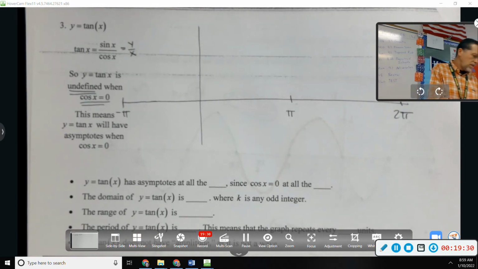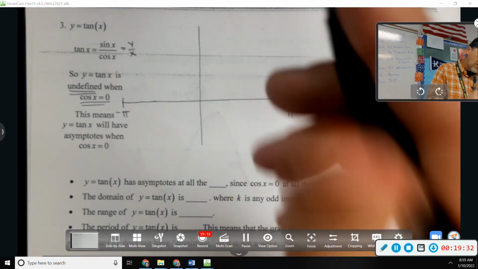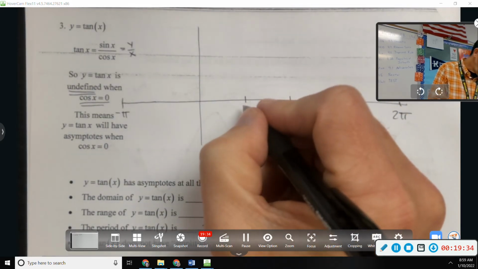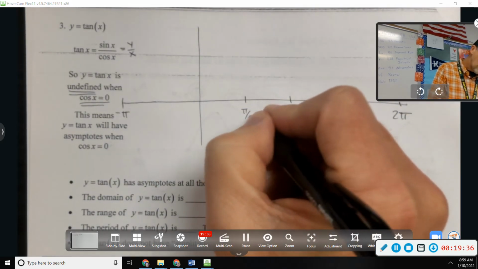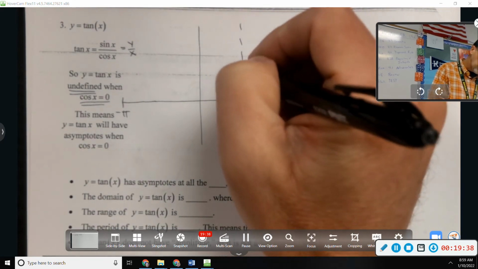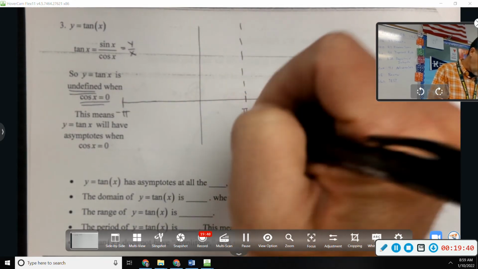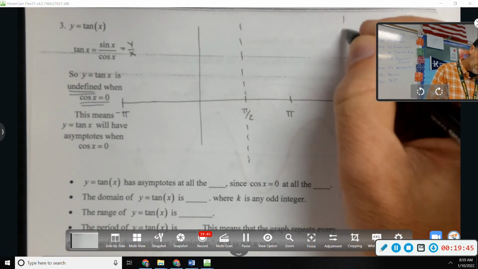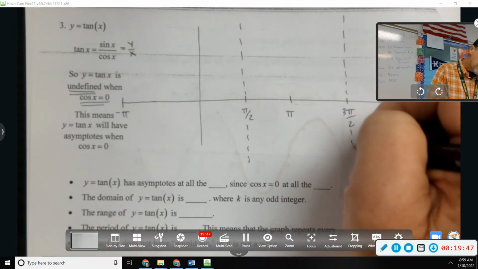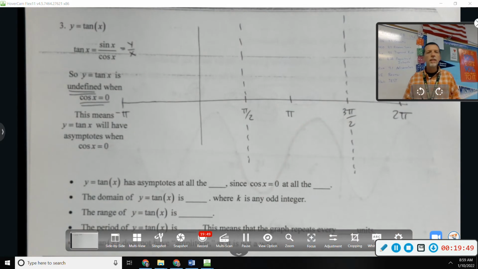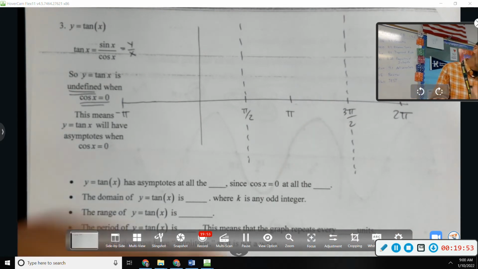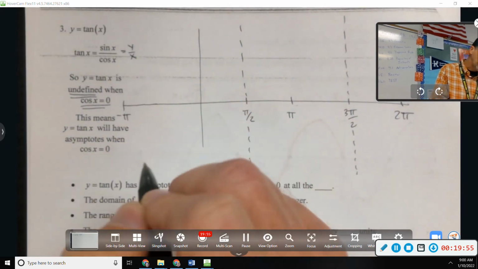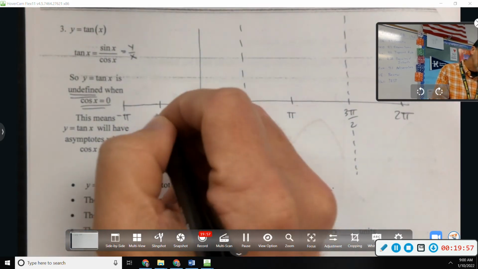So we have asymptotes at pi over 2, and at 3 pi over 2. And you might guess where the other asymptote is on the left. Yeah, negative pi over 2.